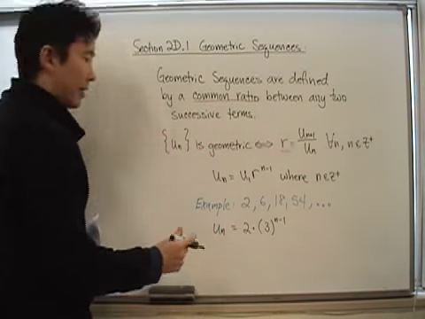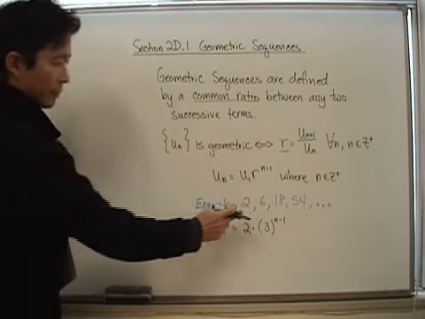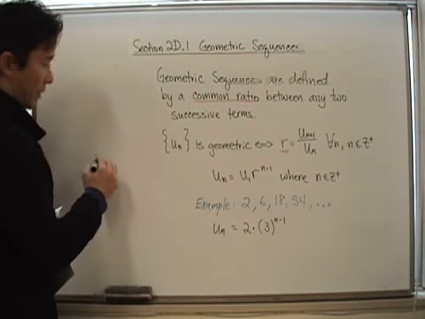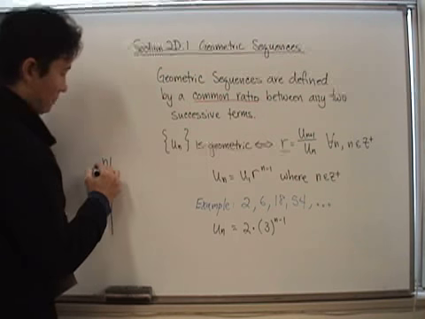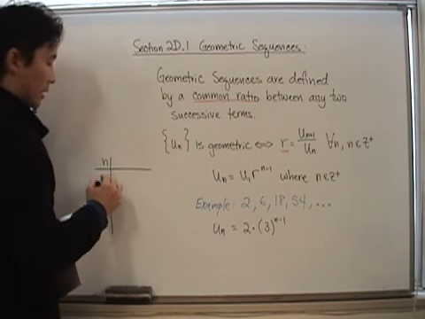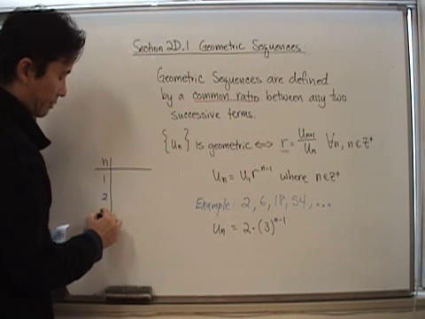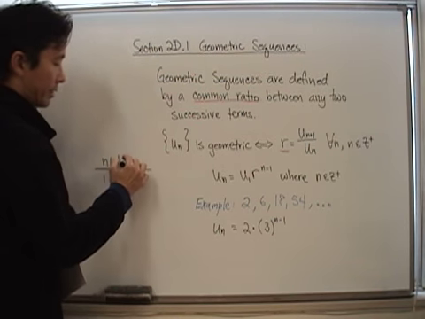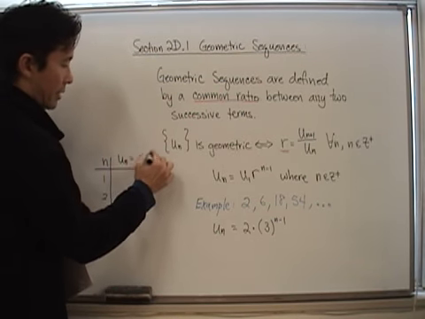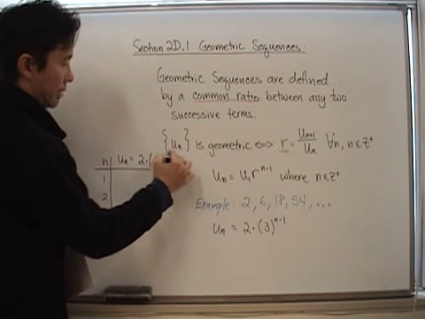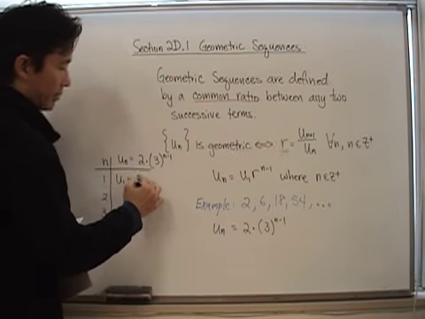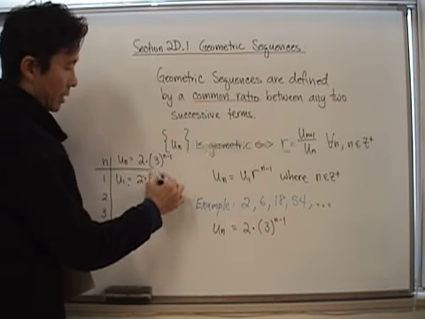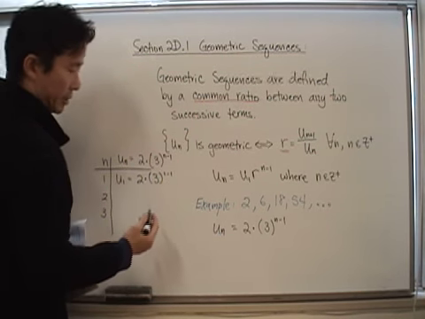So let's verify that this is true for this particular sequence. If we say that n is 1, 2, and 3, and we know that u sub n is going to be 2 times 3 to the n minus 1 power, then u sub 1 is going to be 2 times 3 to the 1 minus 1, which is of course 0.